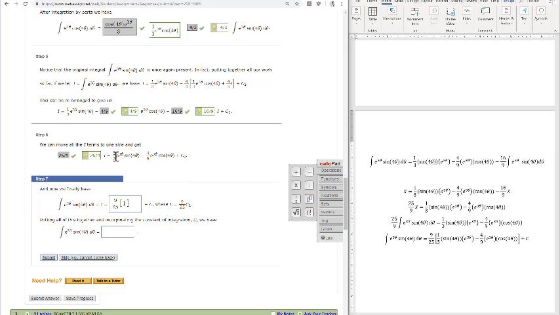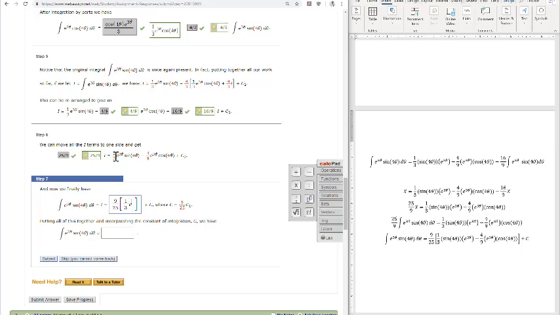We have the 1/3 e to the 3 theta times sine 4 theta, minus 4/9 e to the 3 theta times, this time with a cosine 4 theta. And then the C1 also gets multiplied by 9/25, which is equal to this.